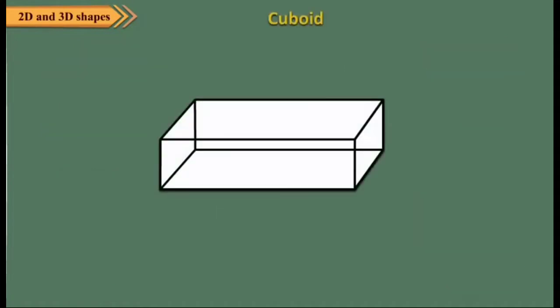A cuboid has 12 edges. The point where 3 edges meet is called a vertex. A cuboid has 8 vertices. A cuboid has 6 faces.